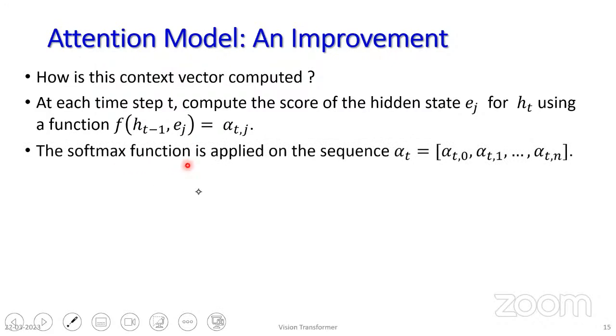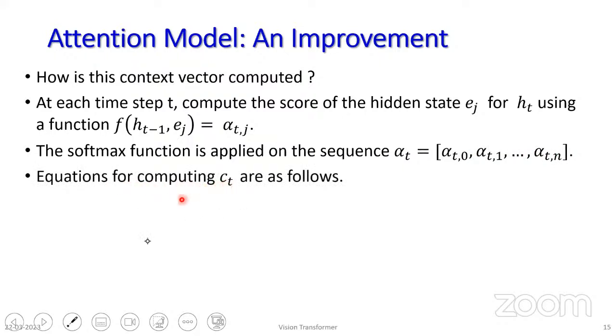The softmax operation is then applied on the sequence alpha_t, which is alpha_t0, alpha_t1, up to alpha_tn, supposing there are n units in the encoder sequence. What am I doing? I am finding a function which relates the hidden state of the previous decoder unit with the hidden states of all the n encoder units.